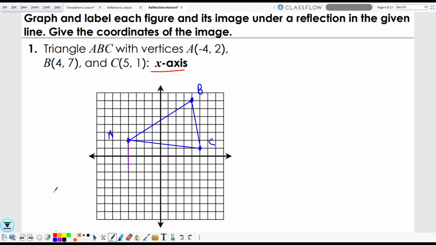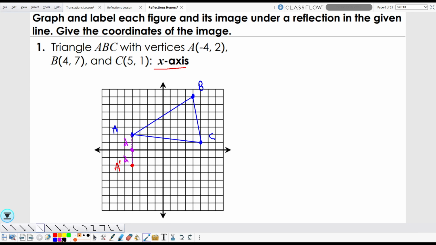So point A prime has to be right here. Because, again, from the x-axis to A the distance is 2, so to A prime it must also have a distance of 2.